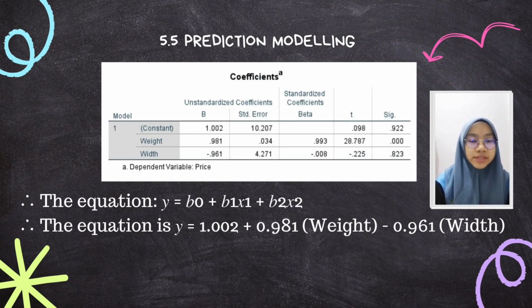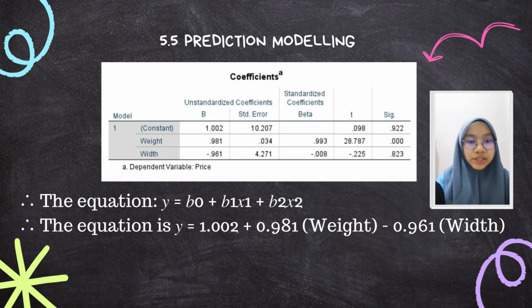Last is coefficient. Based on the coefficients table, refer to the unstandardized B-value column. The multiple linear regression equation is y equals b0 plus b1x1 plus b2x2. Y is the predicted value of the dependent variable, which is price. b0, b1, and b2 are parameters. x0, x1, and x2 are known as constant variables.